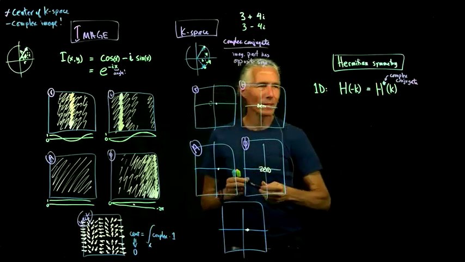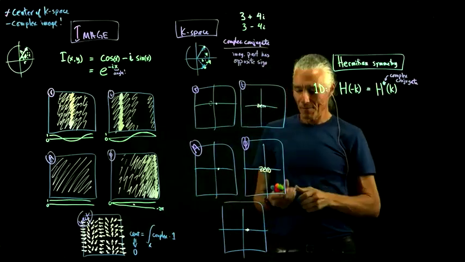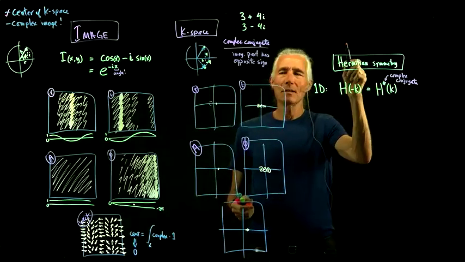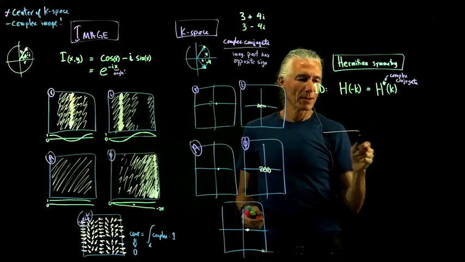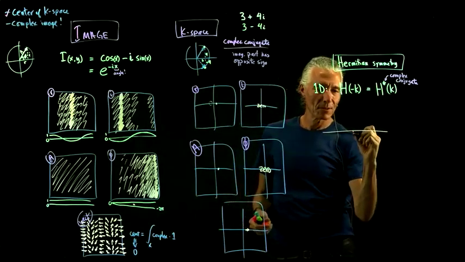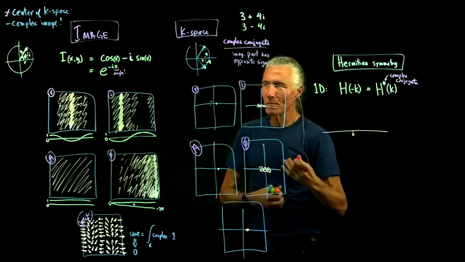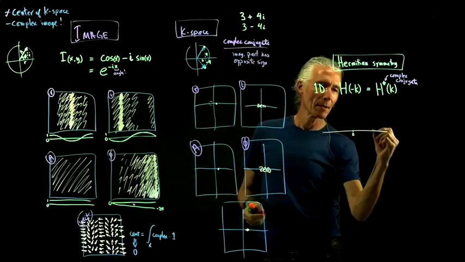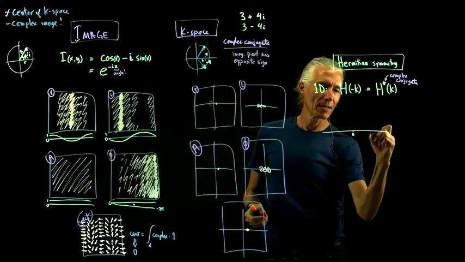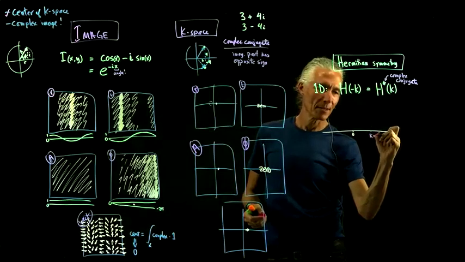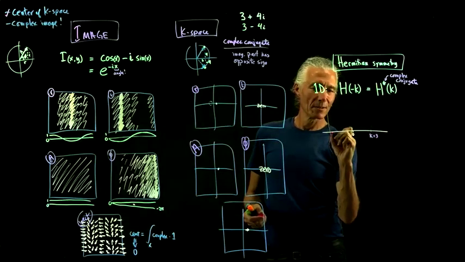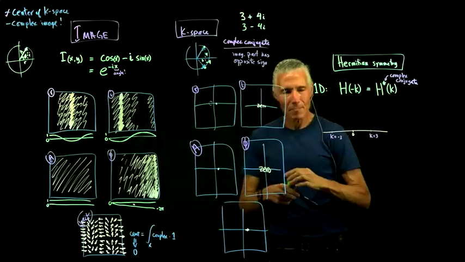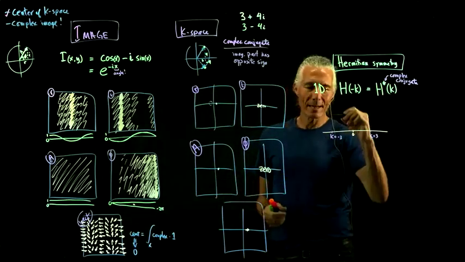And so what does that mean? If we just have a one-dimensional Fourier transform, here's 0, and we're always embedding this extra x and y inside each point. So if we go to some particular k, say k equals 3, and here's k equals minus 3, there's going to be a real and imaginary part embedded in there.